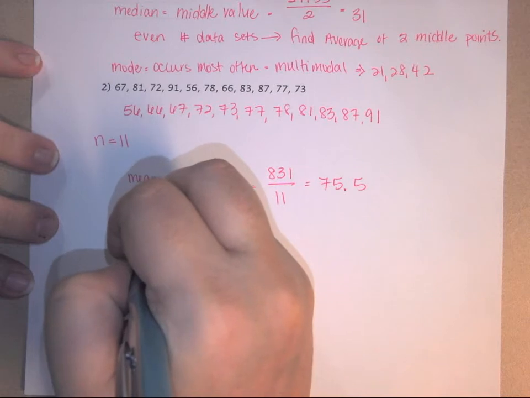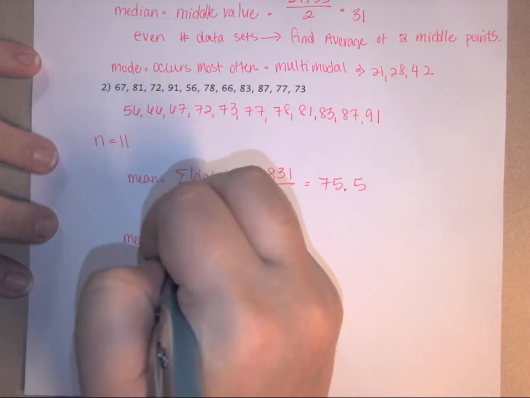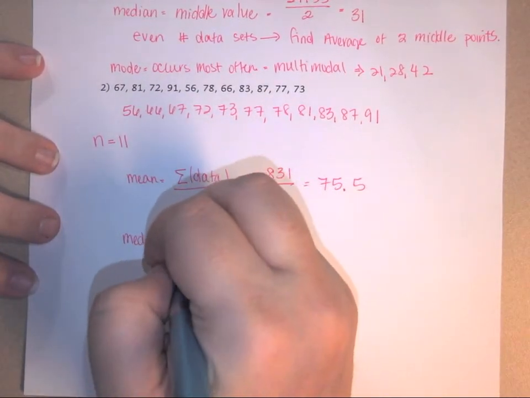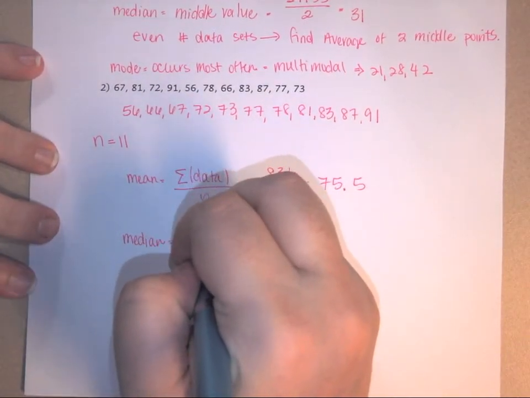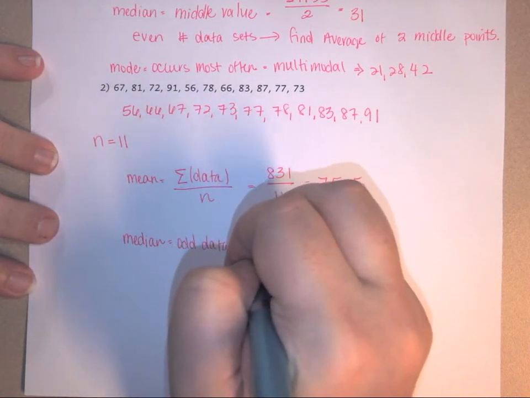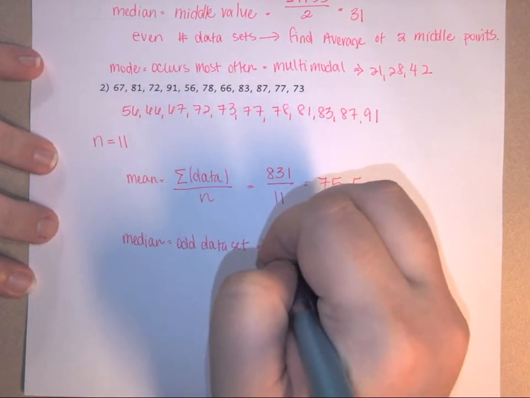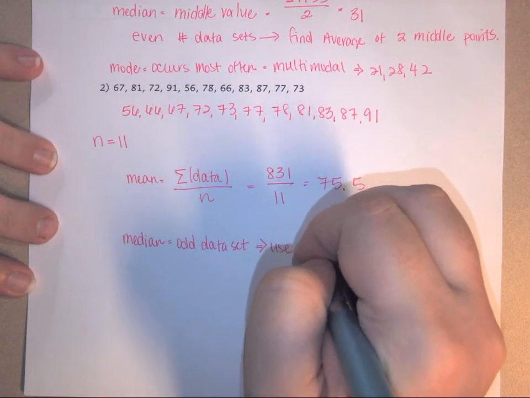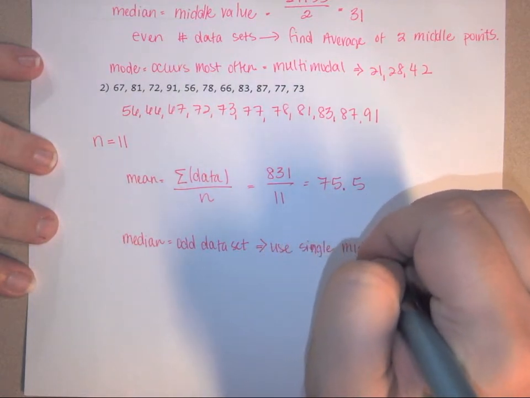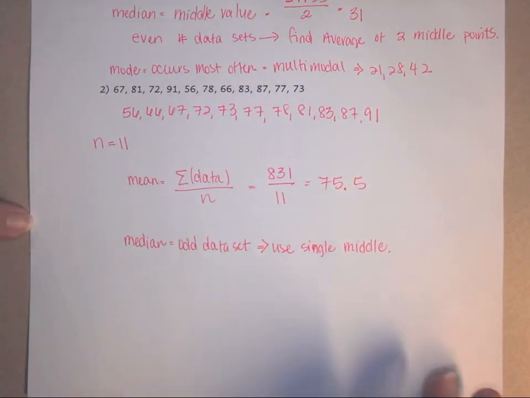My median, again, is that middle value, but in this case, I have an odd data set. And what that means is that you are going to use your single middle. So we should have an exact middle.